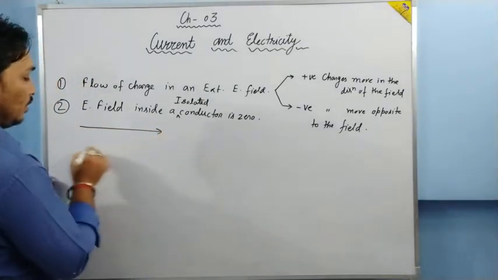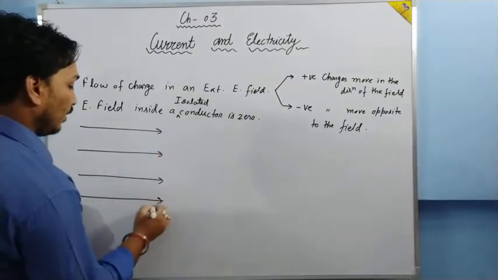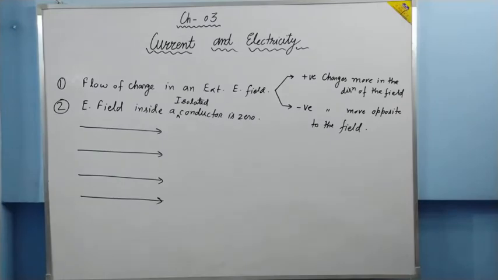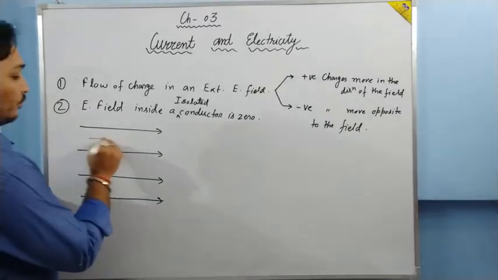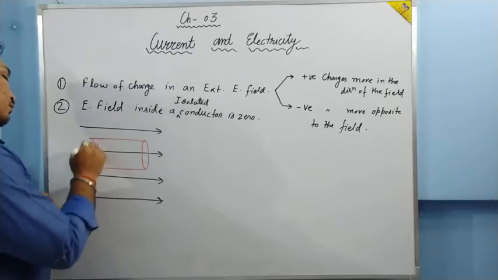Suppose this is the electric field in this space, and we have a conductor of this shape. What will happen?